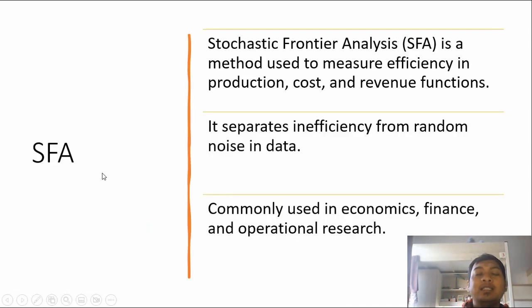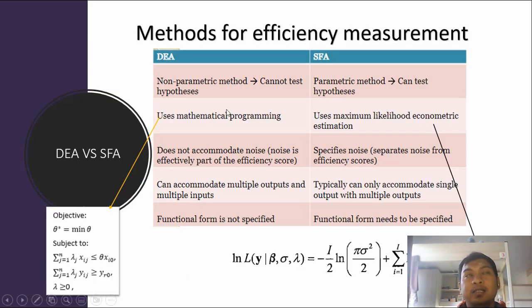What is SFA? SFA is a method used to measure efficiency in production, cost, and revenue functions. It splits inefficiency from random noise in data, and is commonly used in economics, finance, and operational research. Before, I already shared with you about DEA. What is the difference between DEA and SFA? The first, DEA is a non-parametric method and SFA is a parametric method.